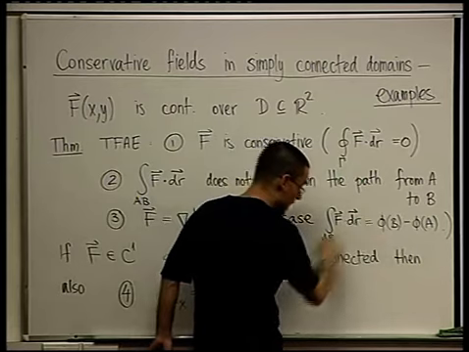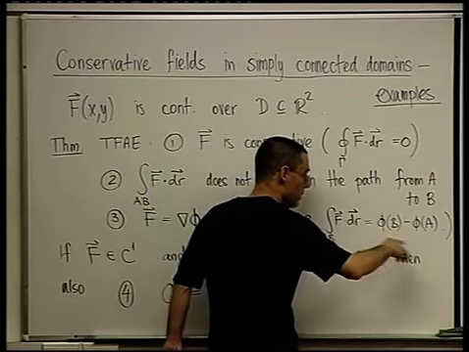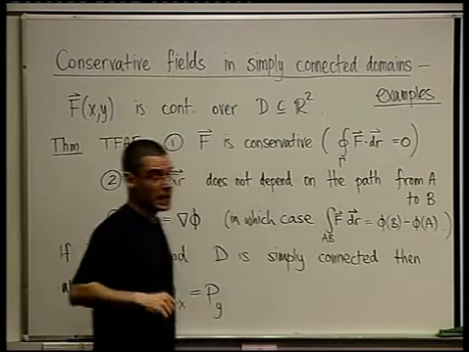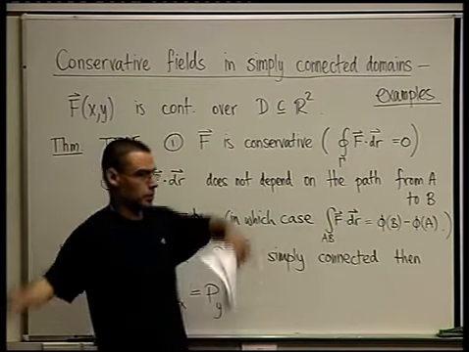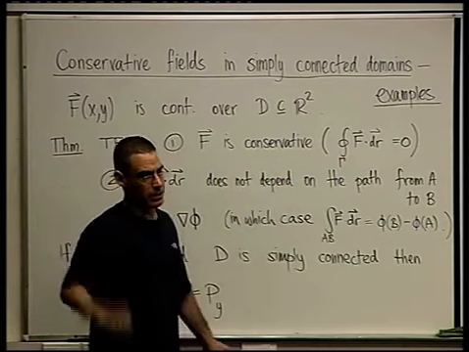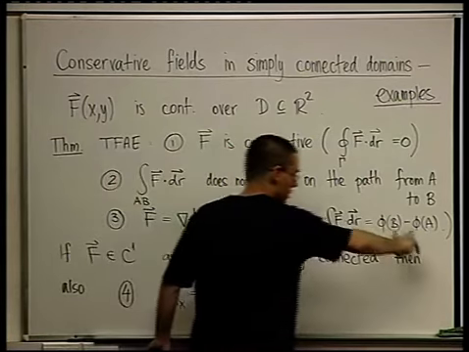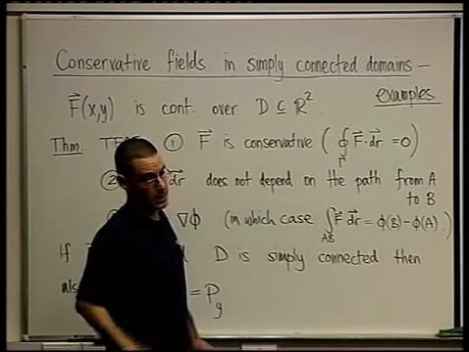If you're going from A to B, it's the potential at B minus the potential at A, and you don't care in which direction you're going, what path you're taking, how you parameterize it. Everything becomes unimportant. It's just the difference of the potentials at the endpoints.